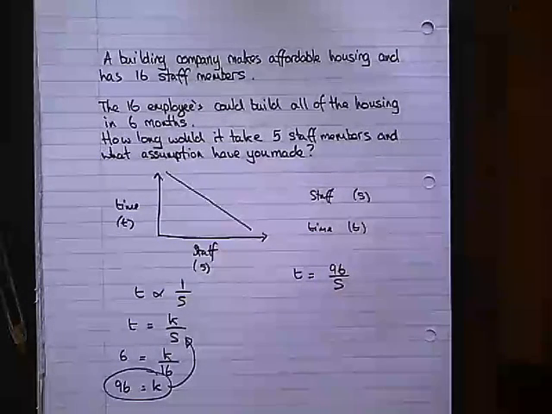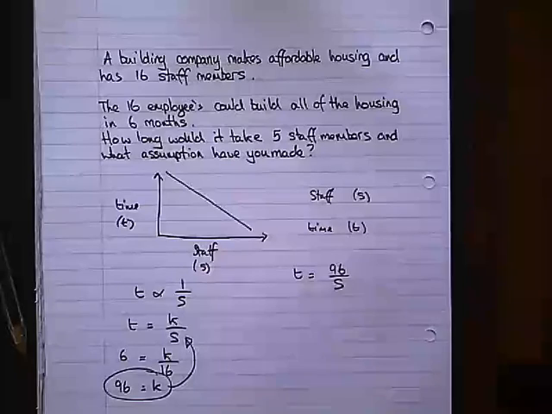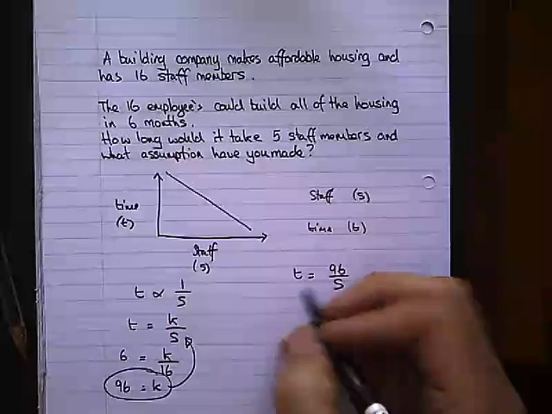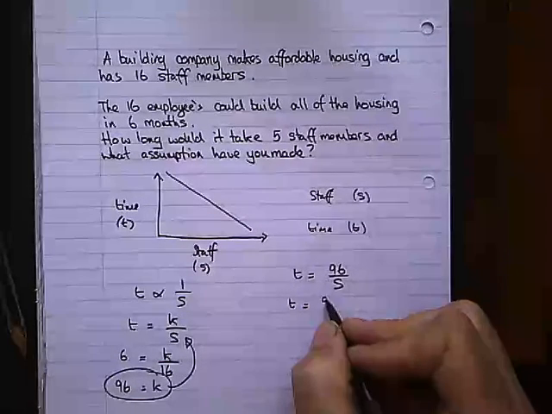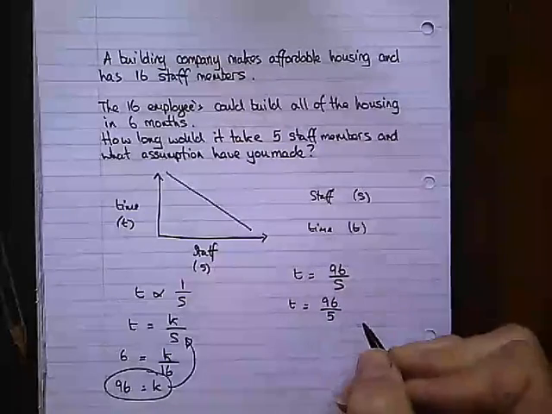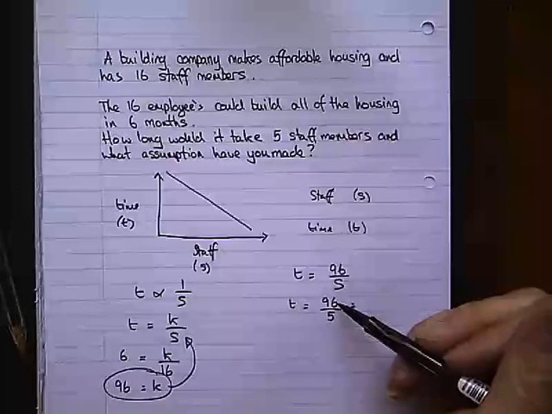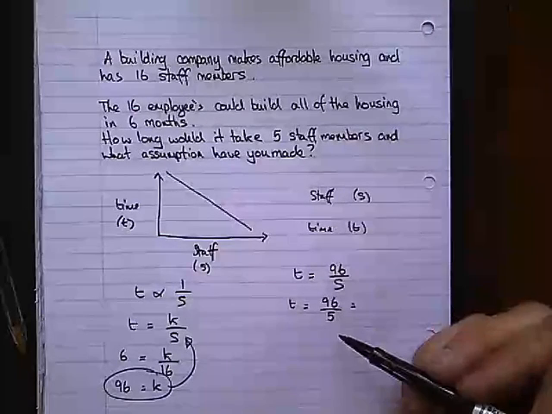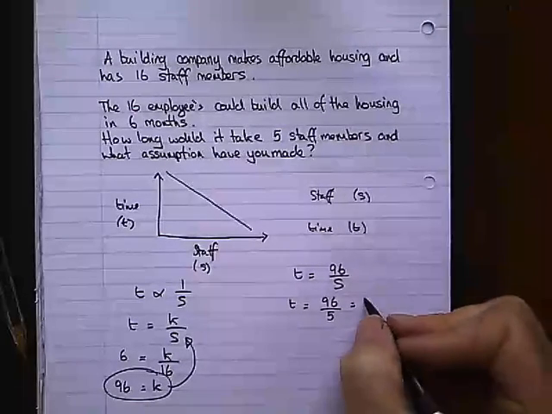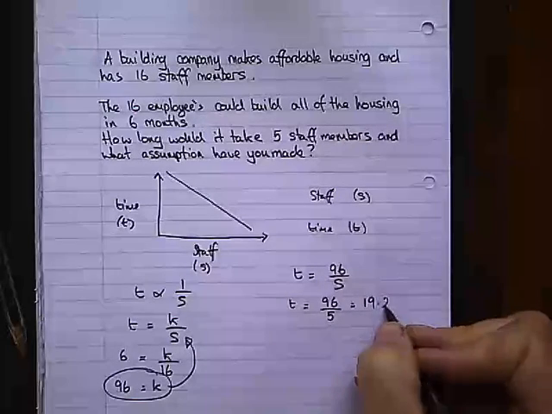So how long would it take 5 members, and what assumption have you made? So if there's 5 members, then the time it takes is 96 divided by 5. How many 5s go into 96? Well, there's 19 in 95, so that's 19 and 1/5, which is 0.2.